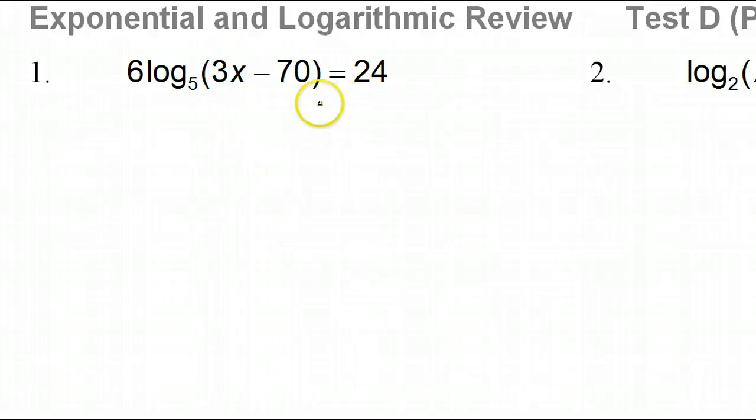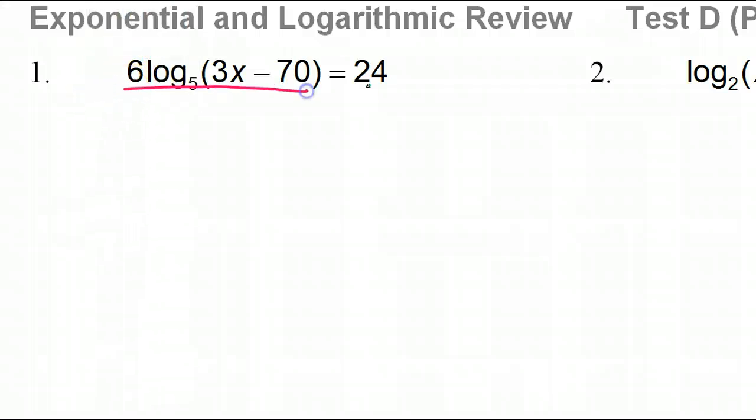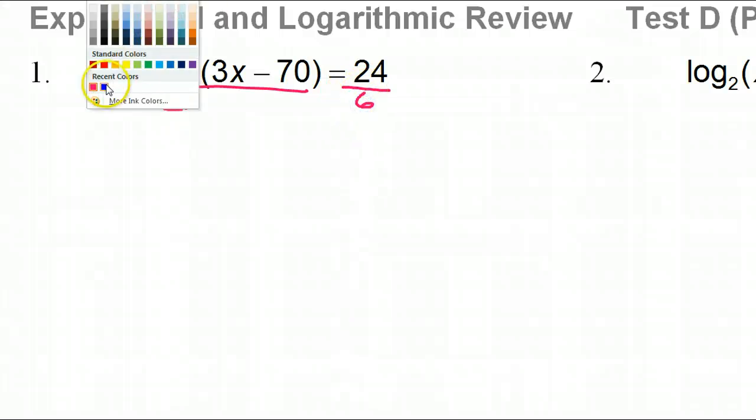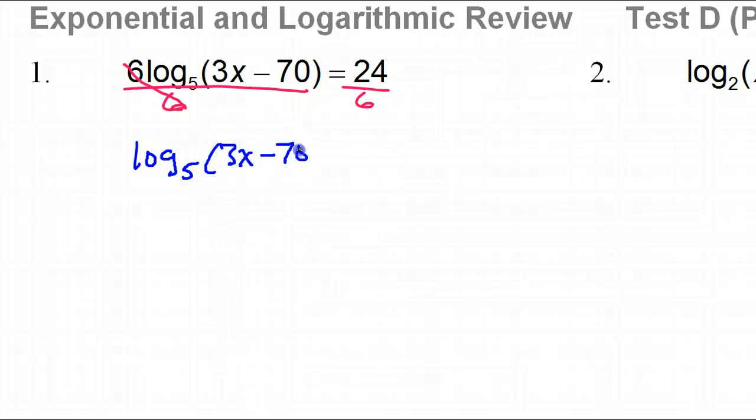Okay, to solve this equation, we're trying to find x, you would definitely start off by dividing every side by 6. So divide both sides by 6. The 6's go away. So that's just going to leave us with log base 5 of 3x minus 70 is equal to 4.